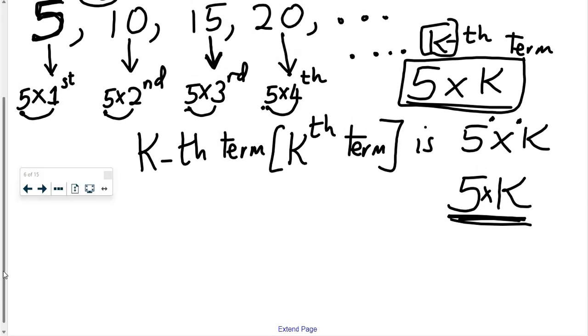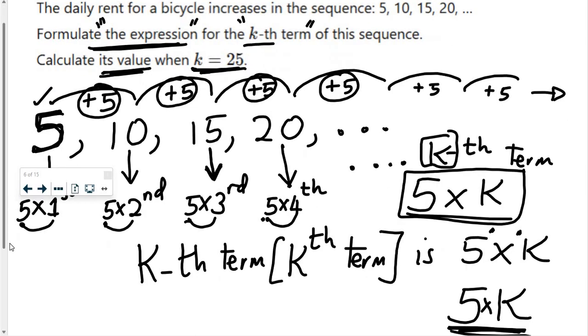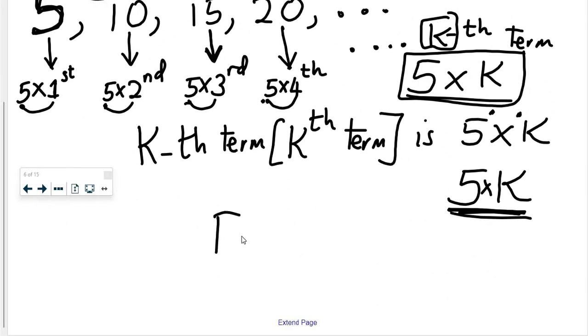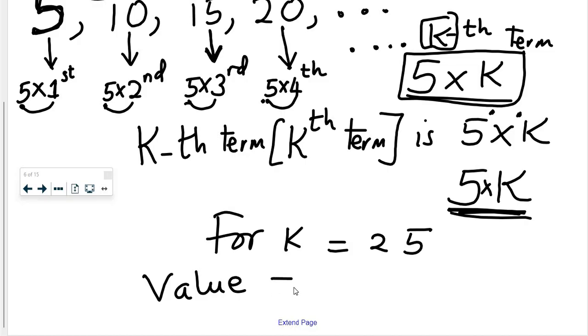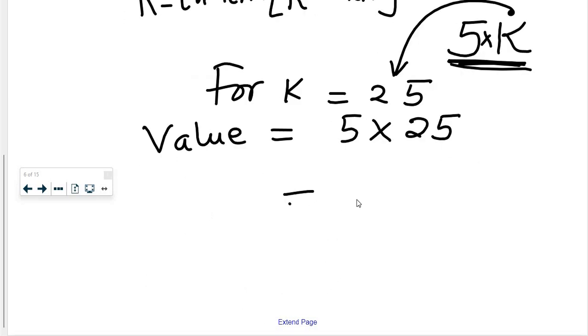Now, the next question. Can you calculate the value when k is 25? So you write here, for k equal to 25, the value will be 5 into k. But what is the value of k? We're going to replace k by 25. So 5 into 25, and then you calculate 5 into 25, you get 125.